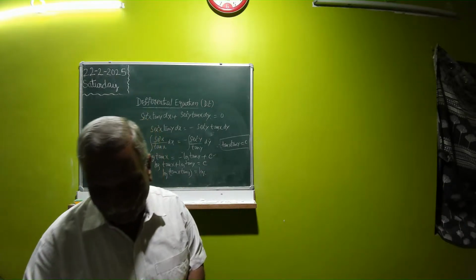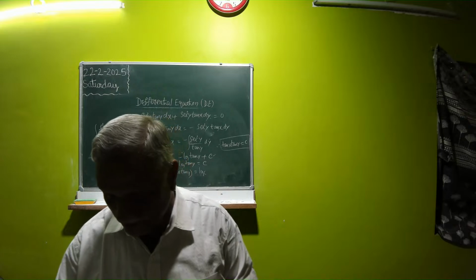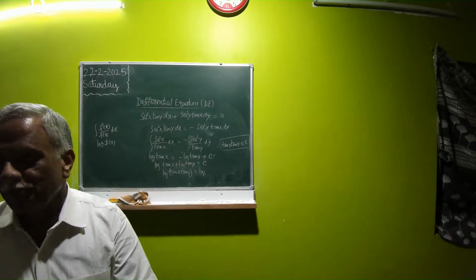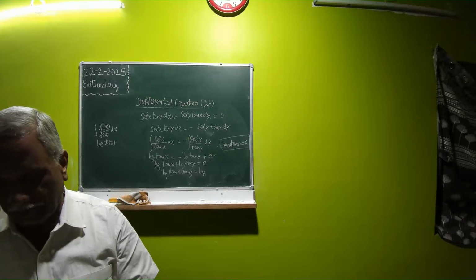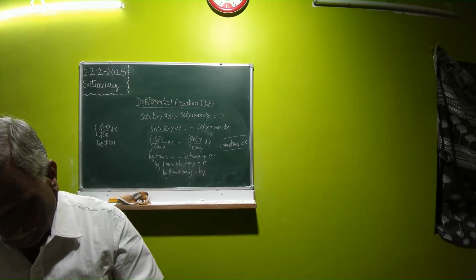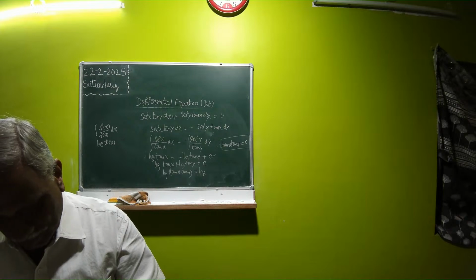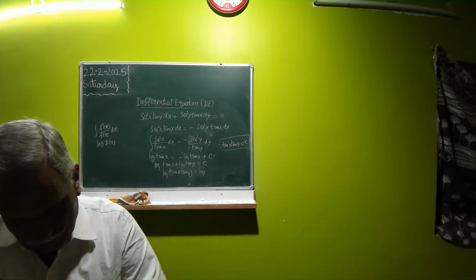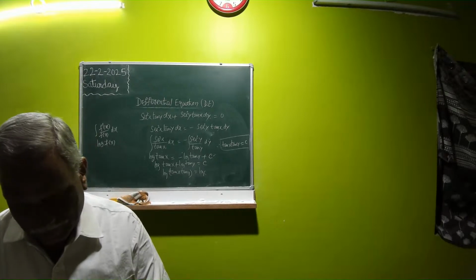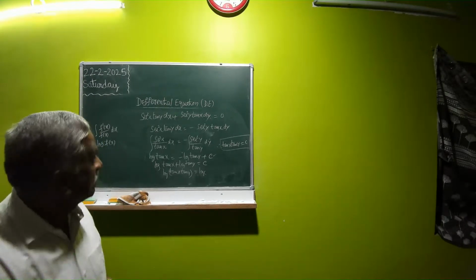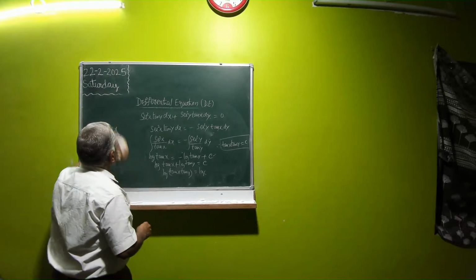We'll work one more problem of variable separable, then move on to the homogeneous part. We'll take this one more problem. dy by dx is equal to 1 plus x square into 1 plus y square.